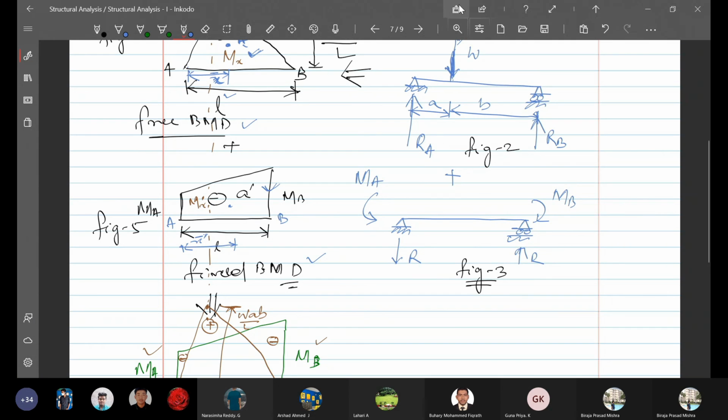Now we have already proven that x bar and x bar dash are equal.